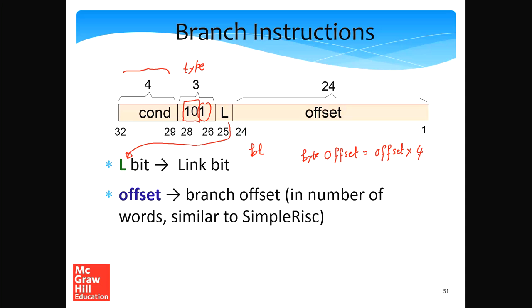This is very similar to simple RISC, because the idea is if we assume that every instruction starts at a boundary of 4 bytes, then the last two LSB bits are 0 and 0. So there is no need to specify an offset whose last 2 bits are always constant. Instead, let us specify the offset in terms of memory words. So we'll essentially save 2 bits in this case.